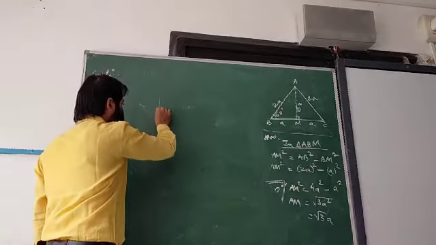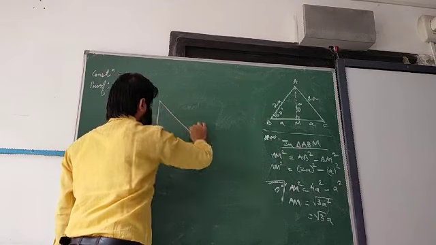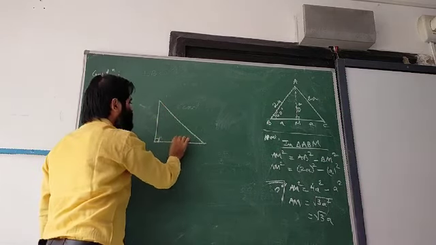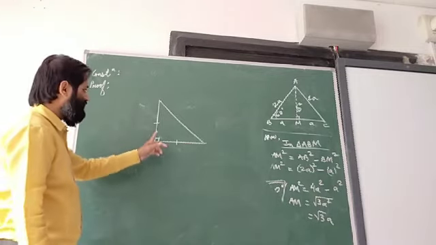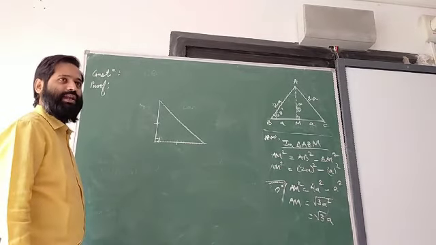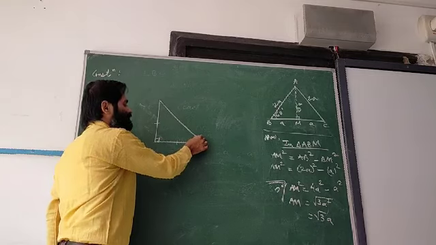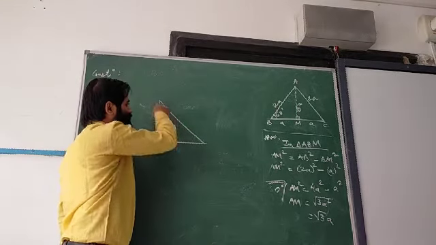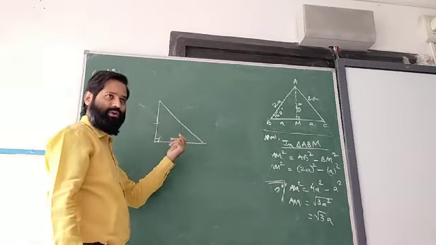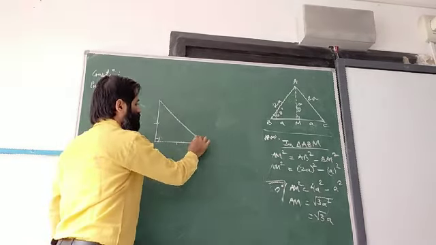So we will take an isosceles right triangle. This is 90 degree. Isosceles right triangle means these two angles will be equal, so they will be 45, 45. So we got 45 degree.